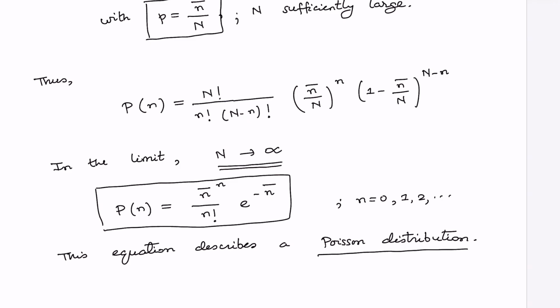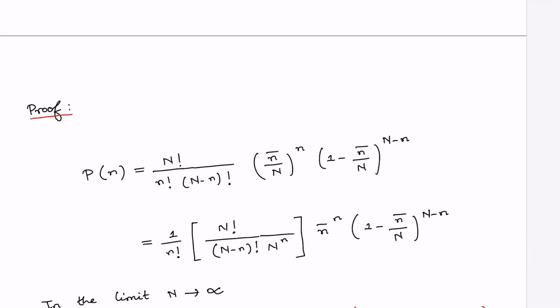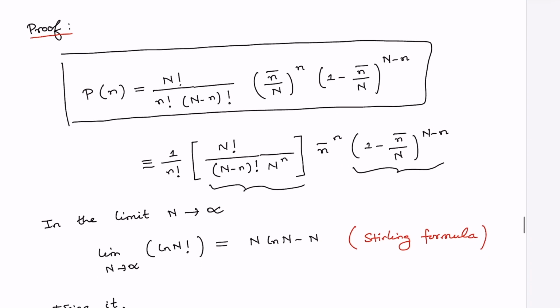Let me actually show you how we can get this expression for Poissonian distribution. To do that, let me go through the mathematical steps here. So we have the expression for the probability, that is given by this one, which I have already written, and this one I can rewrite in this particular form. And now I am going to look at various terms one by one. For example, first I look at this term followed by this particular term in the limit N tends to infinity.